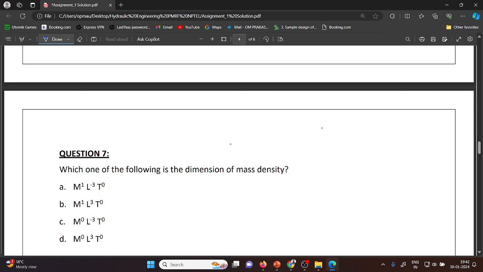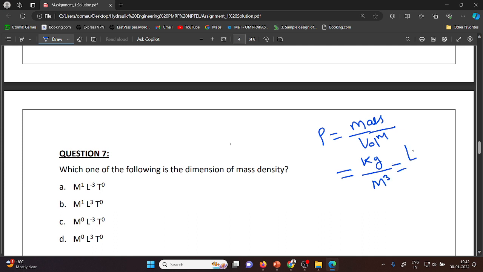Mass density is nothing but rho, that is mass by volume. Mass is known as kilogram, so mass is kg and this is your meter cube.